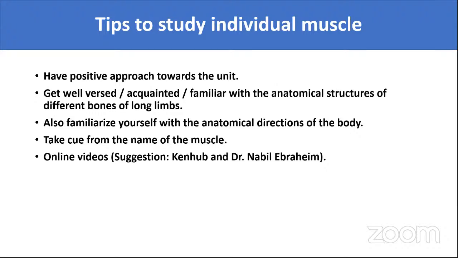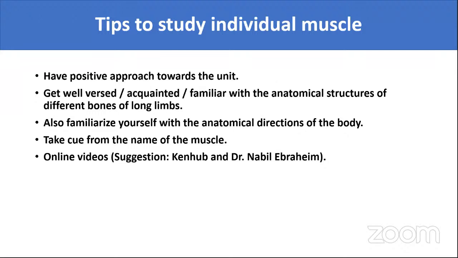First of all, don't get scared or run away from this unit. Instead, have a positive approach. Say, yes, I can do it. I will study it. Before studying the muscles, you should get familiar with the anatomical structures of the different bones of the long limbs.